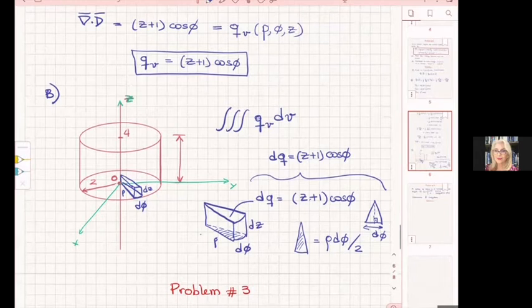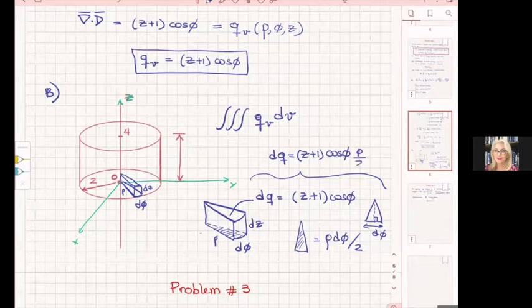So it's going to be rho divided by 2 d phi dz. So that's what this slice is.